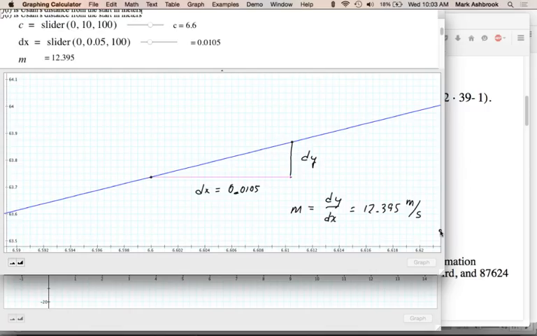How about, where's Mark M? Mark, yeah. 12.395 meters per second. Right, it's the constant rate of change. And what does that number mean? 12.395 meters per second. Is that a hand back there?